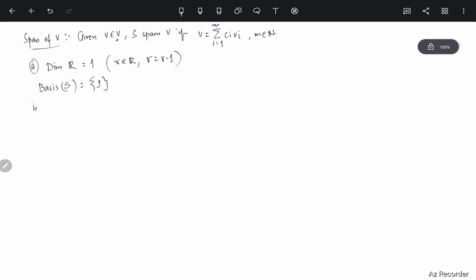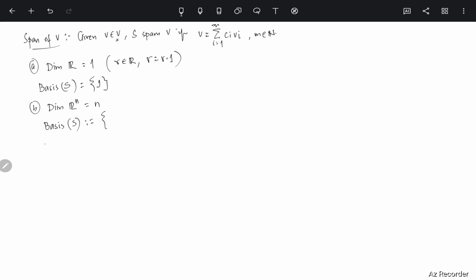And then, what is the dimension of Rn in that case? Dimension of Rn, of course, is n, right? And what is the basis? Let's try to find out what the basis is.